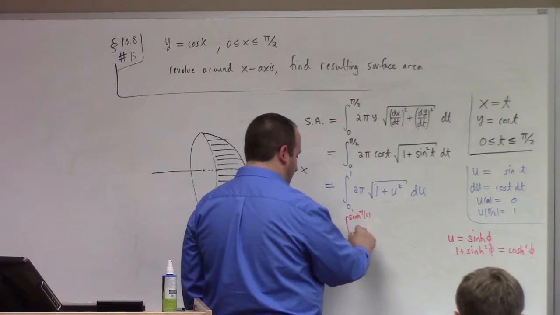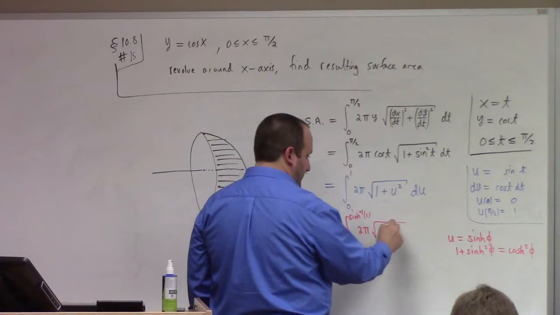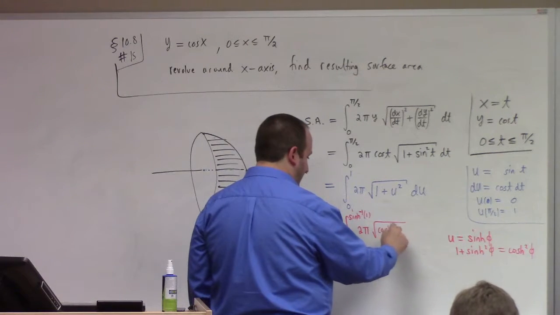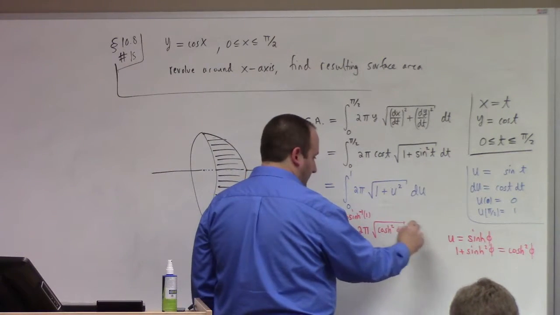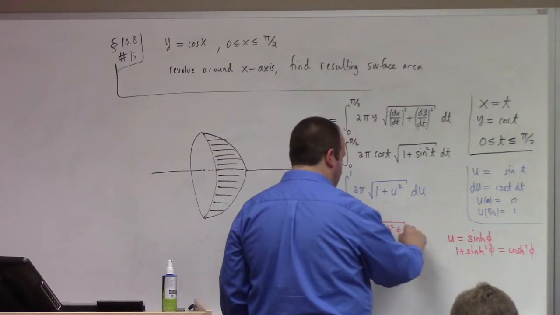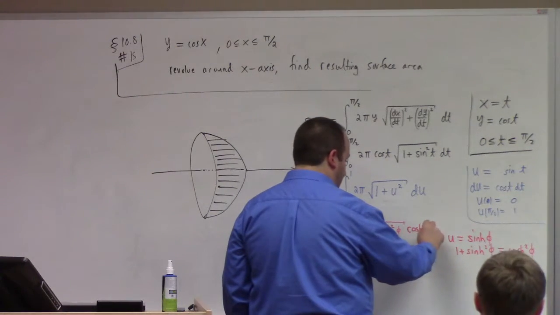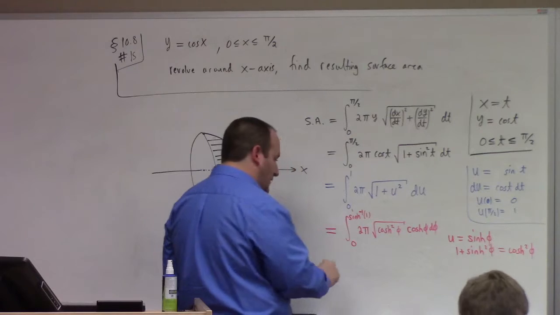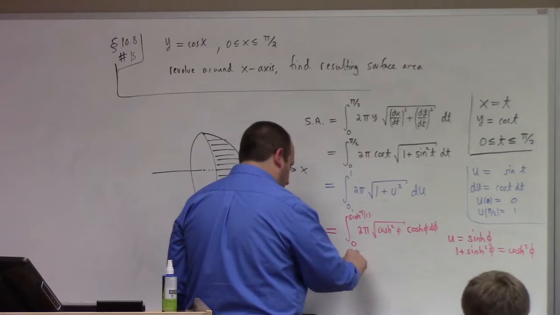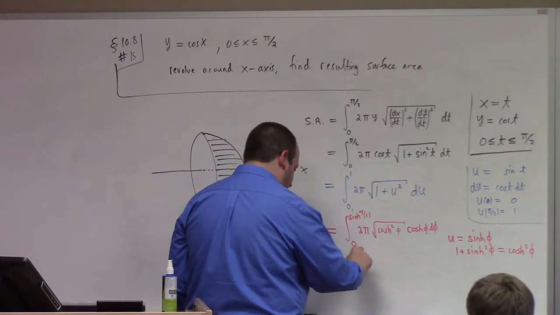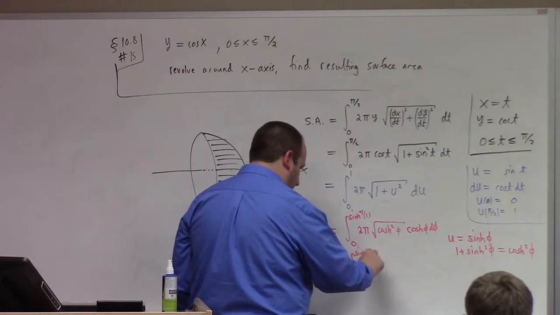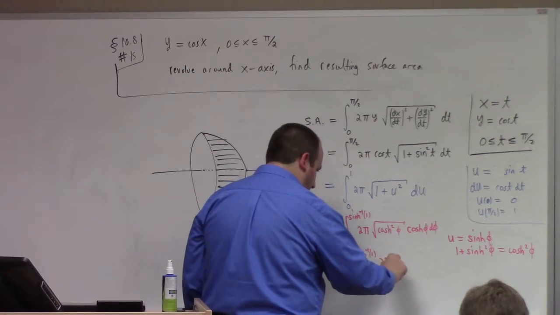I've got a 2 pi, a square root of cosh squared phi, and cosh phi d phi from the differential. That gives me the integral from 0 to sinh inverse of 1 of 2 pi cosh squared phi d phi.